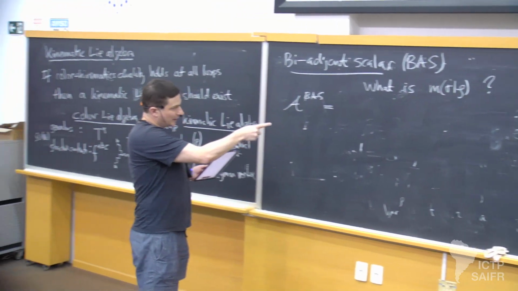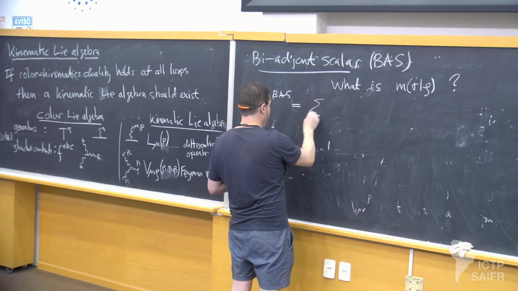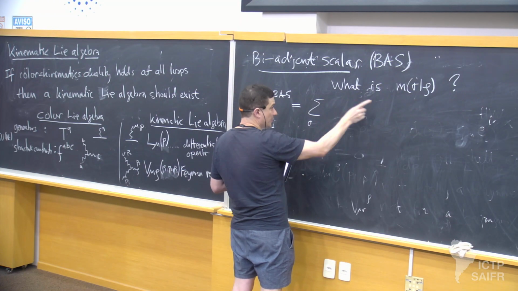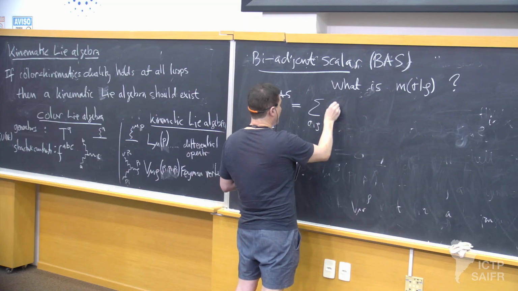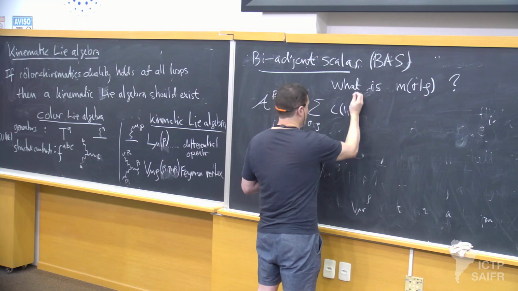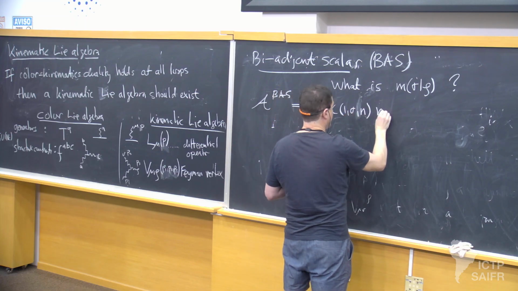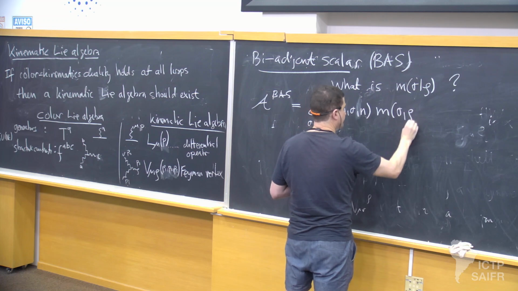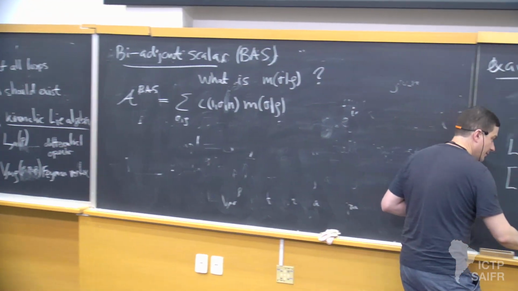Well, the answer to that question is that that's an amplitude, which we can color dress. This is a color stripped amplitude, so we can color dress it by putting in its color factors. I'm running out of chalk. There we go.